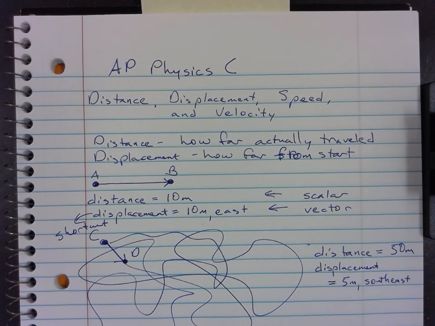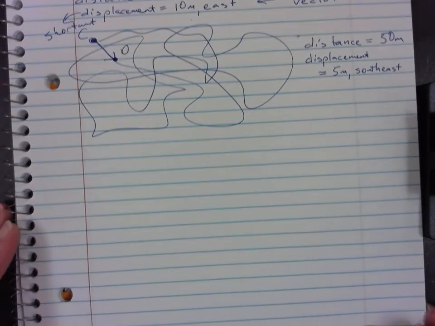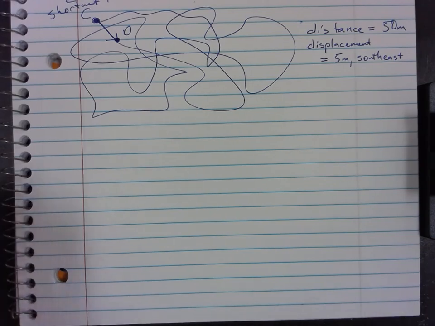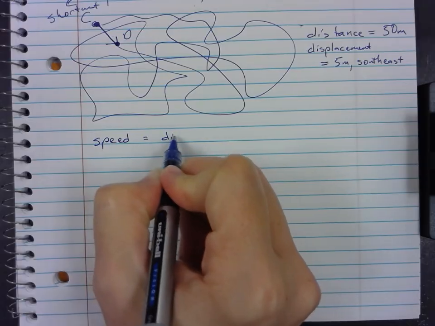Okay, then we go into speed and velocity, and they're directly related to distance and displacement. But let me slide the notebook up. Here we go. So speed is distance over time.